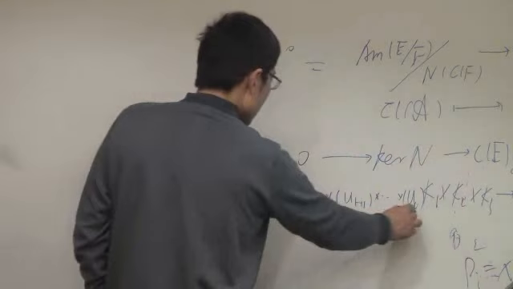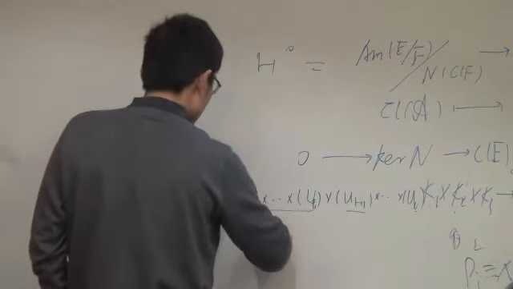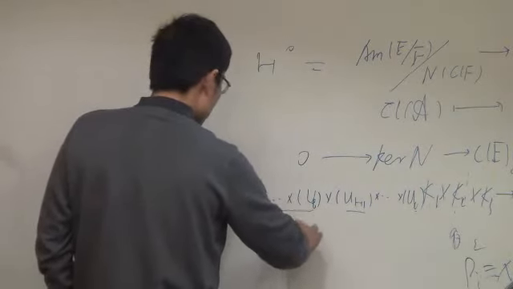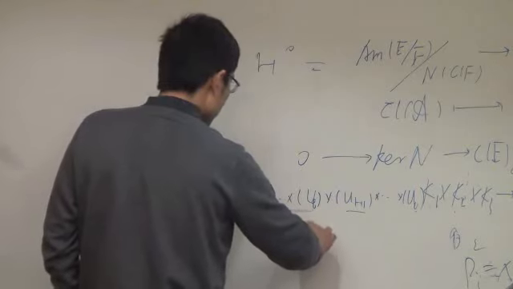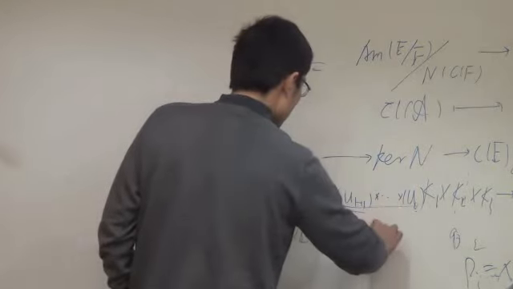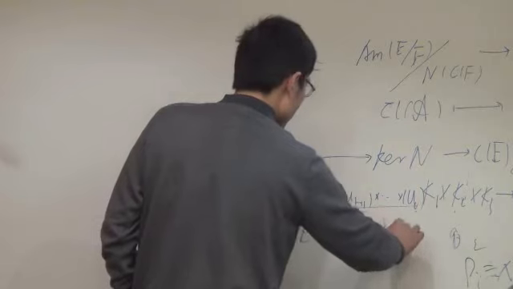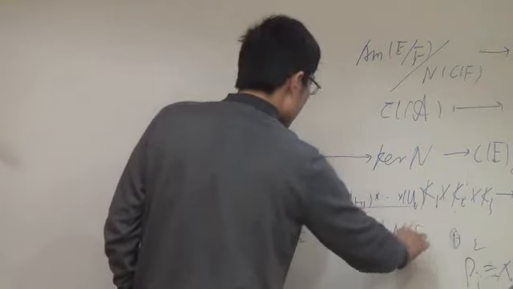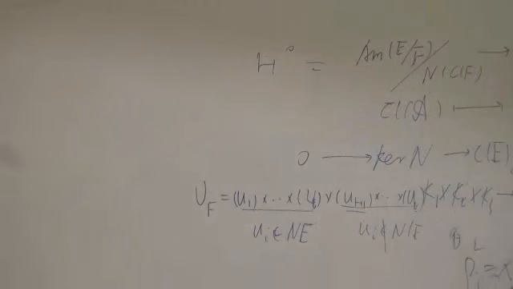This is where the UI belongs to NE, and where the UI is not in NE, so UI is put in.